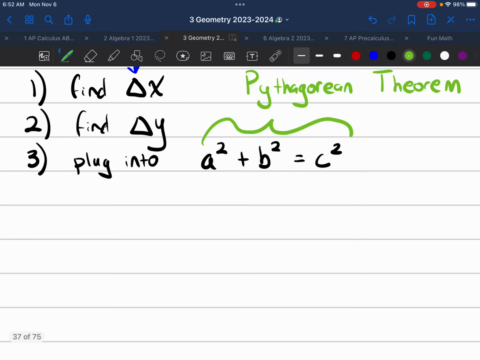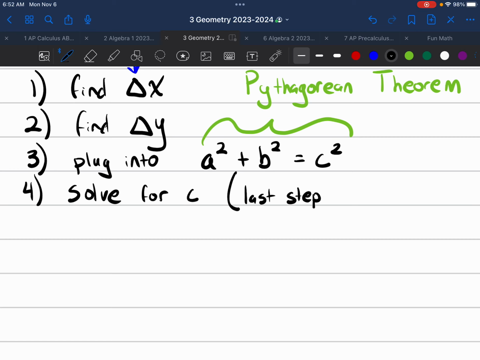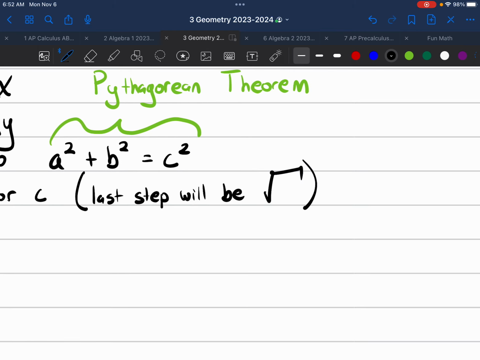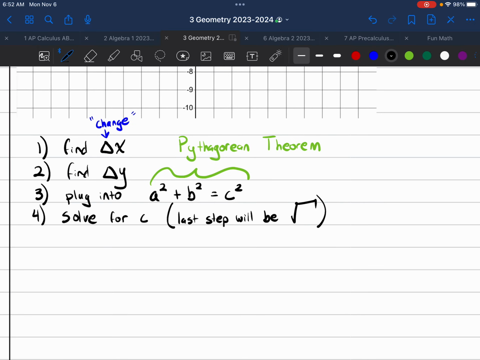And once you plug it in, you will do step 4, which is to solve. Solve for c, and as a hint here, I will say the last step will be a square root that you don't have to worry about with a negative.